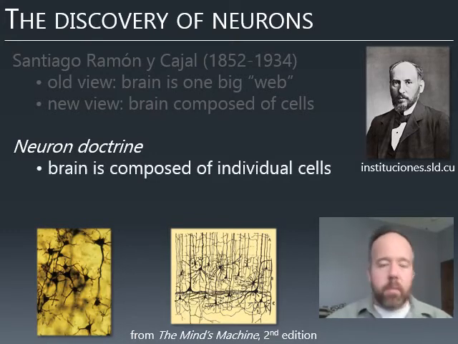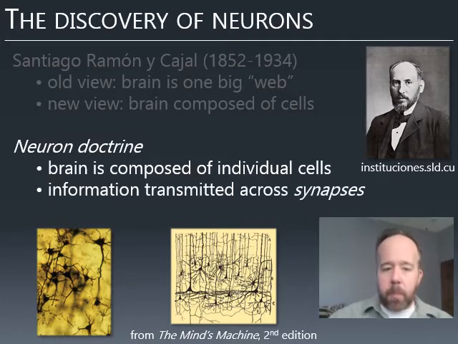And there are various rules or guidelines in this doctrine. As time goes on, different guidelines get subbed in or out. But the most basic components are, first, that the brain is composed of individual cells, not this big interconnected mass. There are discrete cells, they have their own cellular processes, they have signals within the cells, and so they're individuals.